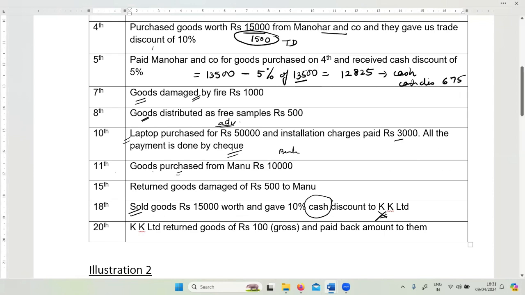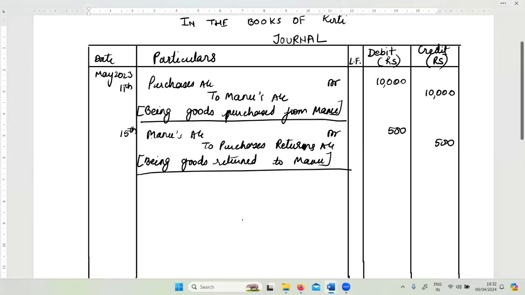So we have sales on one side, we have the cash discount given on the other side, and obviously since we have given cash discount, the third account will be cash account. We are receiving the cash. So sales is happening, cash is being received, and we are also giving a 10% cash discount. So 18th I will write the transaction.